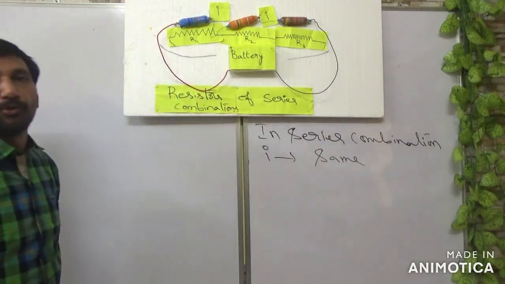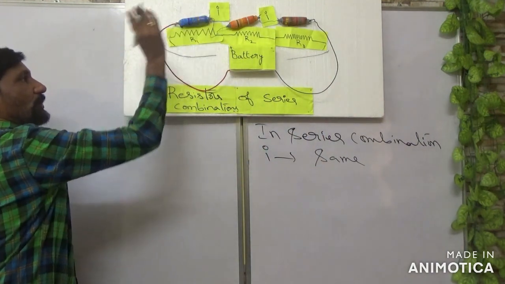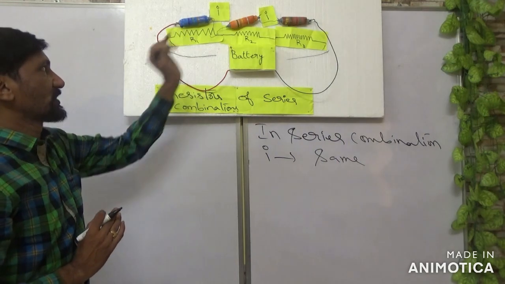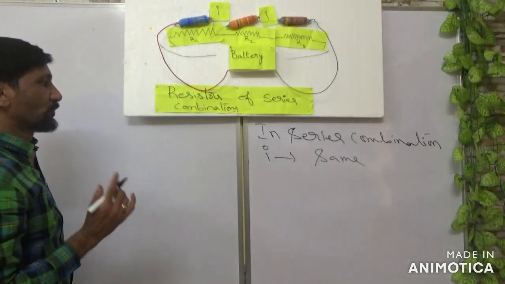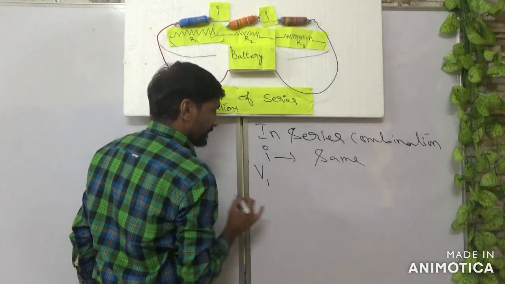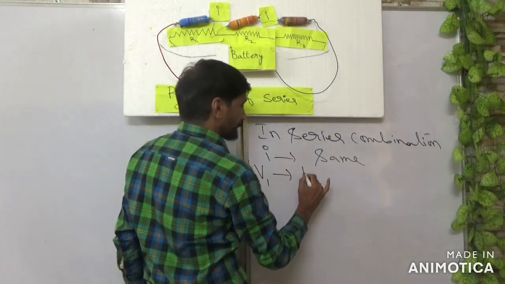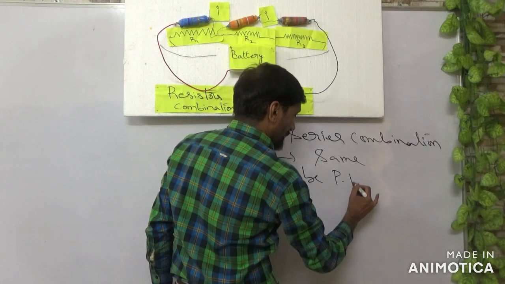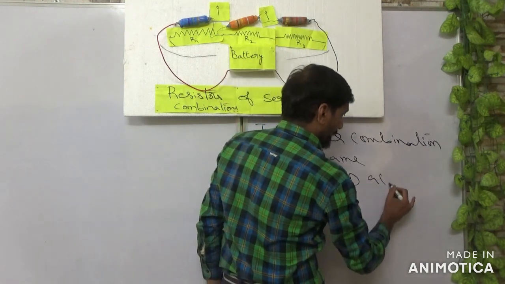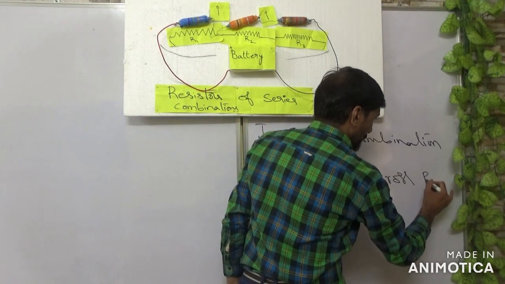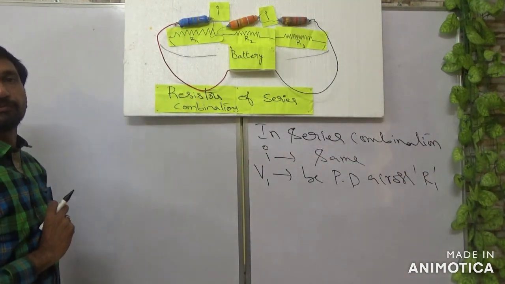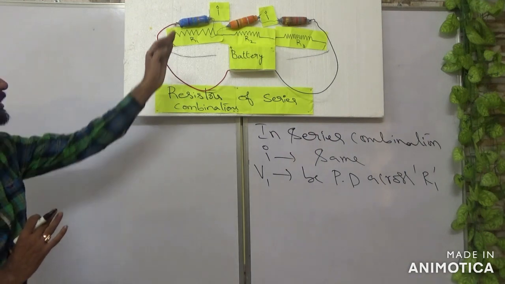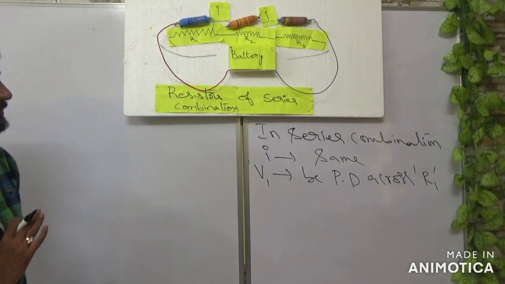Next, certain potential difference will develop across the first resistor, second resistor, third resistor. Let us assume V1 be the potential difference across R1, the first resistor, of resistance R1 ohm.